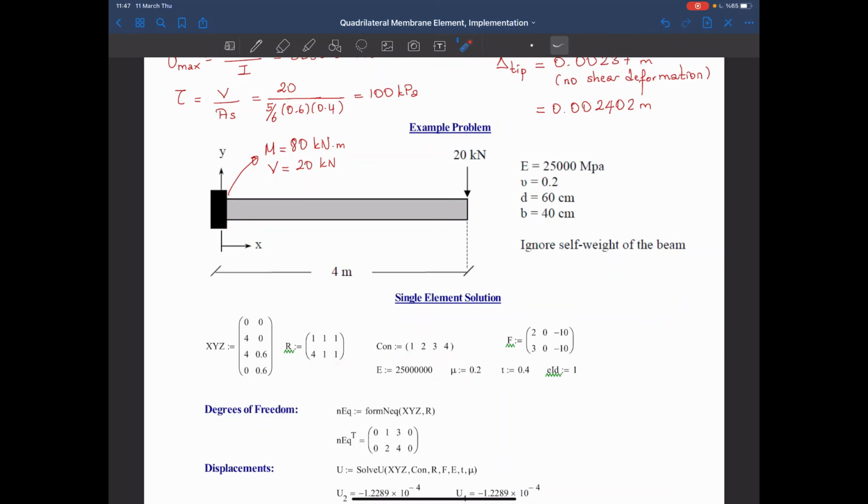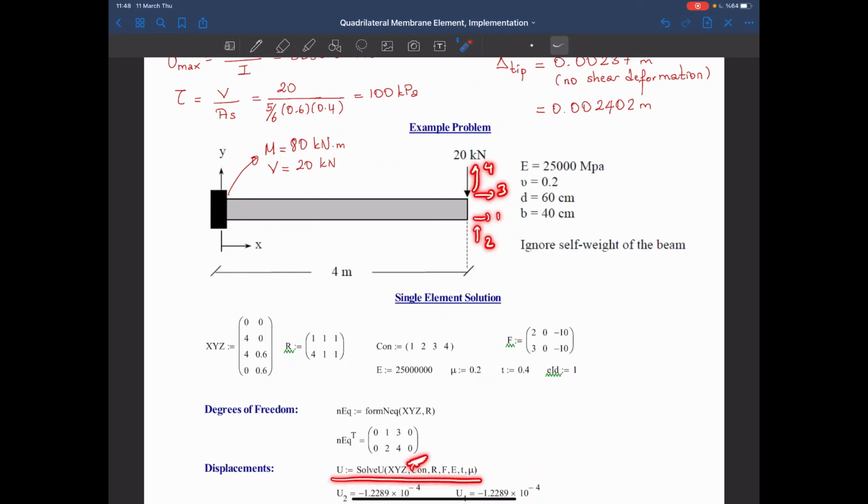Connectivity matrix, and I'm applying load as follows, 10 and 10. This is the F vector. So the depth is 0.6 and the thickness of my membrane element is 0.4. And the degrees of freedom are as follows here, that's 1, 2, 3, and 4. This is what this matrix is telling me.